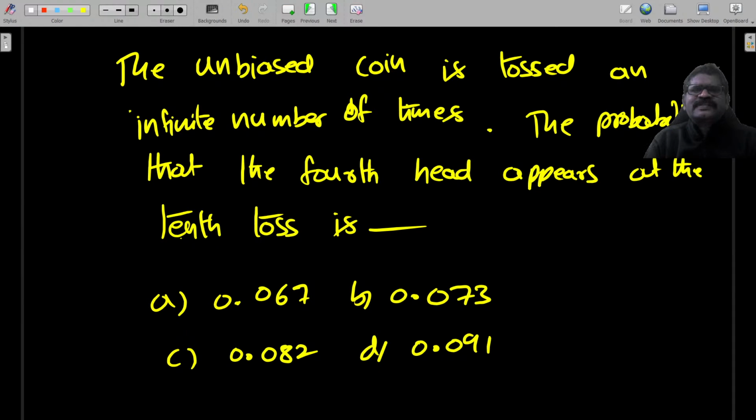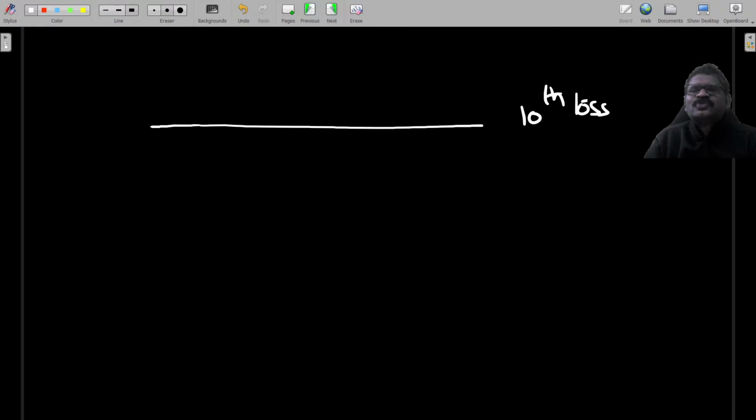Fourth head appears at the 10th toss. So here, fourth head appears at the 10th toss means in the 10th toss we have to get a head, but that head should be the fourth head.